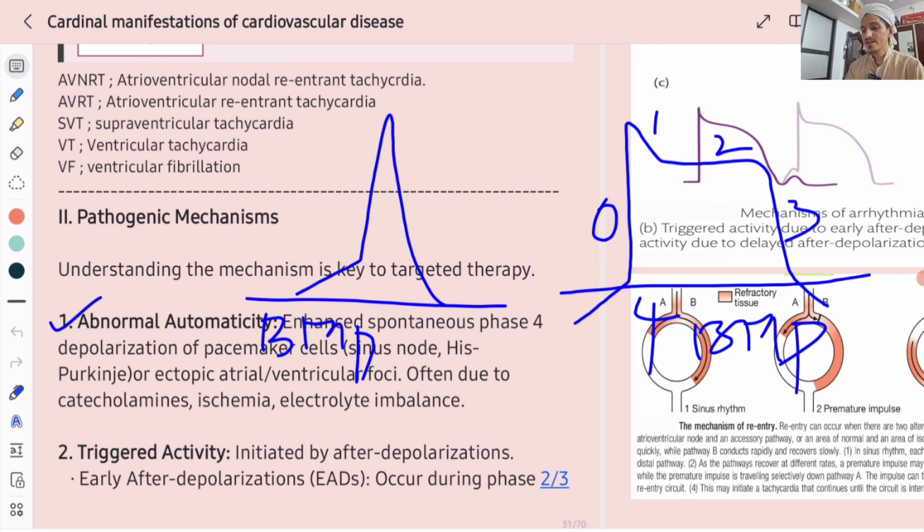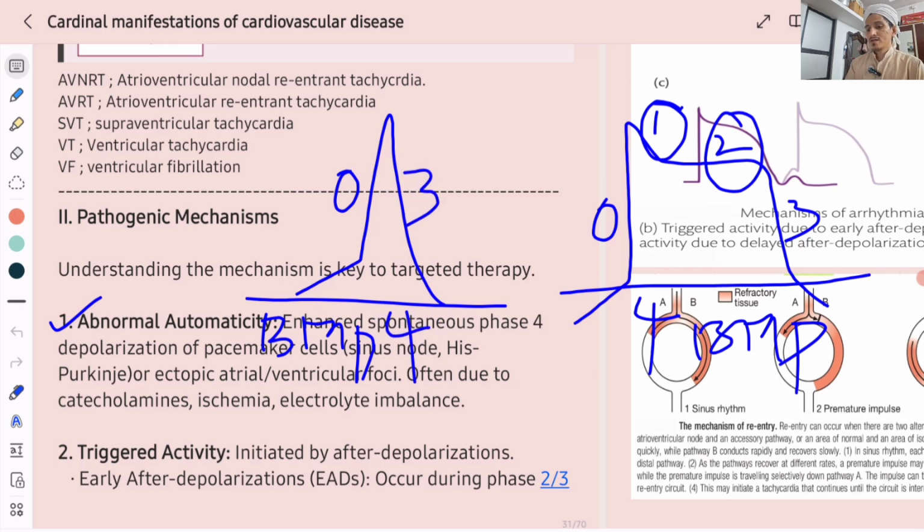But in case of the cardiac pacemaker potential, phase 1 and 2 are not there, only 0, 3, 4 are there. So 0 is this one, 3 is this one, and 4 is the resting membrane potential of the pacemaker.